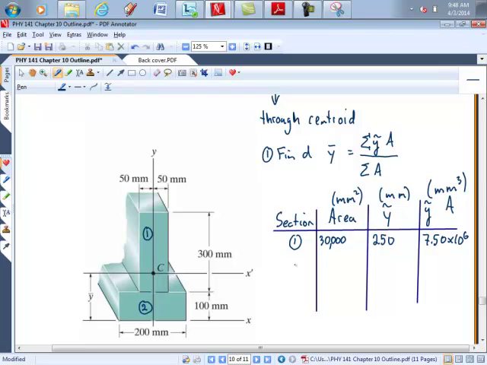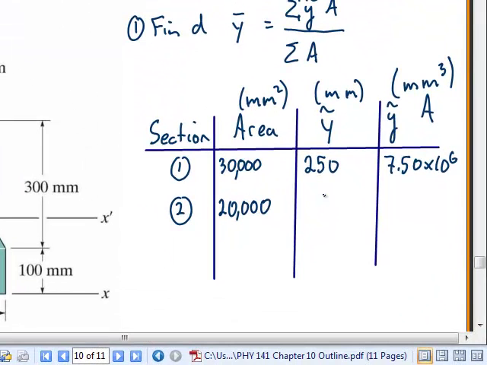Okay, and then we look at our second section. Second section has an area of 100 times 200, 20,000. And it has a y tilde of half of the 100, or 50.